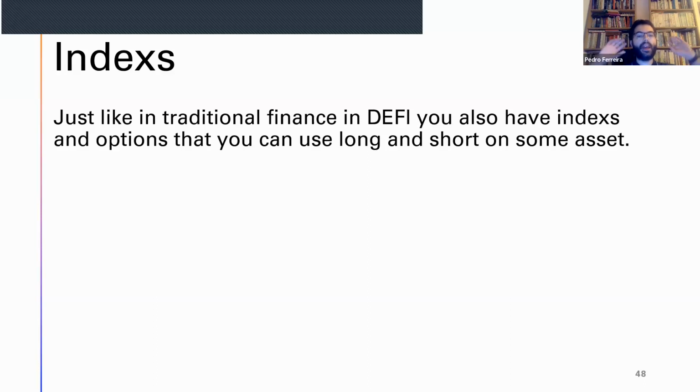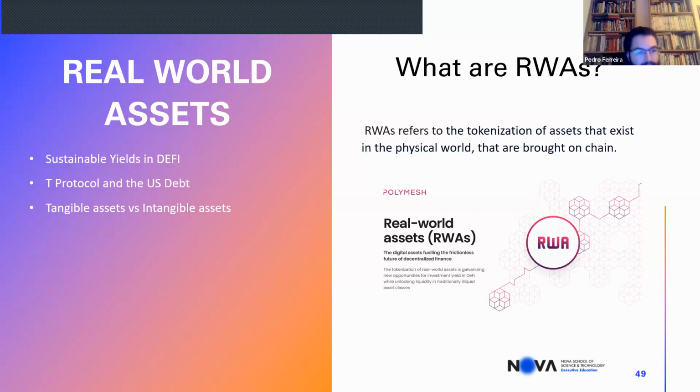So instead of betting on just one project, which can go very wrong, you invest in a couple of projects together. Imagine that you have the DeFi index. You put Uniswap, Aave, Pancake all together, and you invest in them together. So you are creating a type of derivative that allows you to invest in a specific class of assets that exist in DeFi. As with indexes, you also have options, which we'll see later.